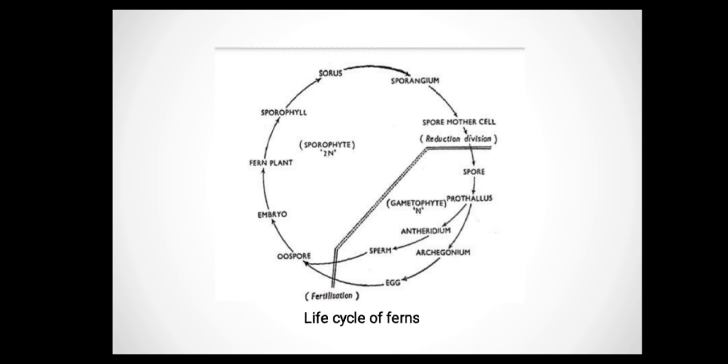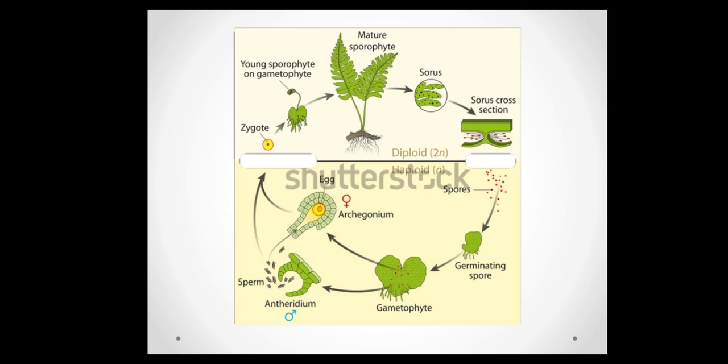After the embryo forms, it grows into a new fern plant. This is also a diagrammatic representation of the diploid and haploid life cycle, which is worth noting. And that's all about the life cycle of Nephrolepis.